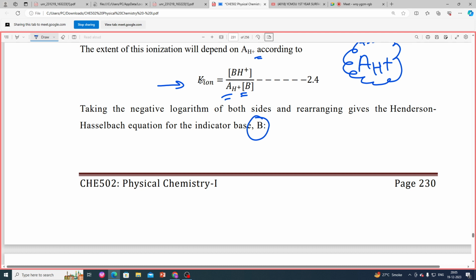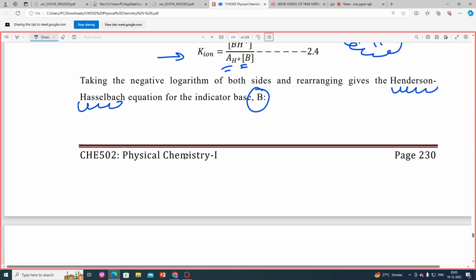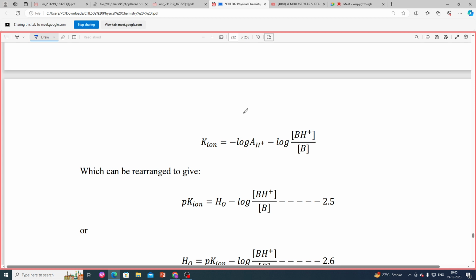So we take the negative logarithm on both sides, then we get the equation, which is named the Henderson-Hasselbalch equation. Here pK_ion is equal to negative log aH+ minus log of the concentration of BH+ divided by B.